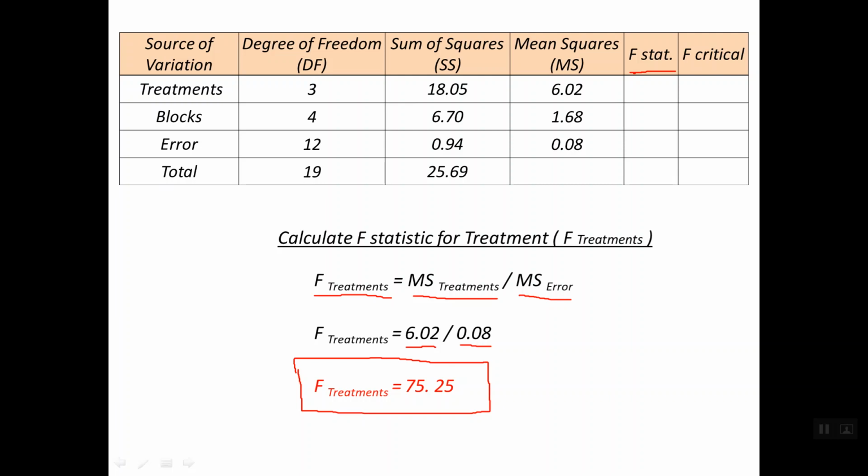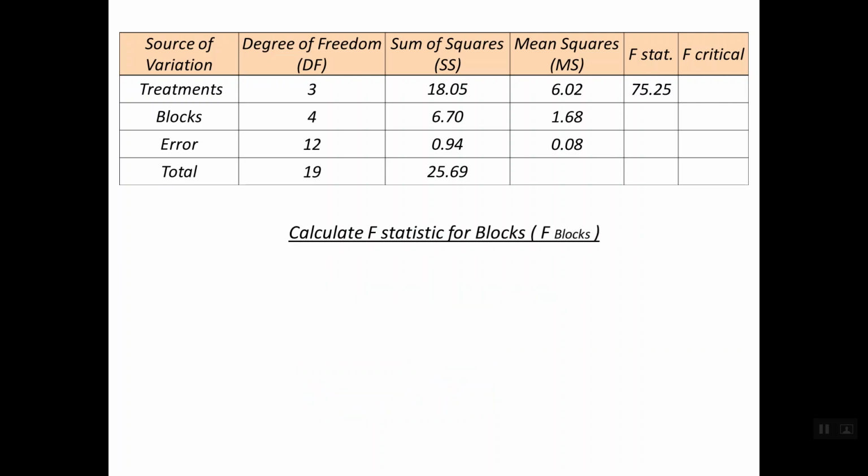Notice the value of the F treatment is extremely great. So the chance to reject the null hypothesis will be very big. By the same way, we can calculate the F statistic for the blocks. This is the formula, and these are the values.